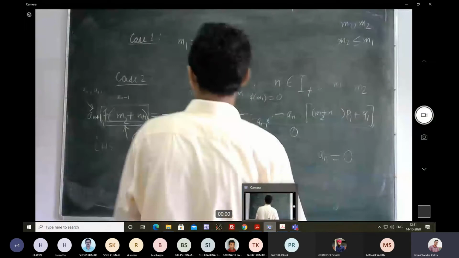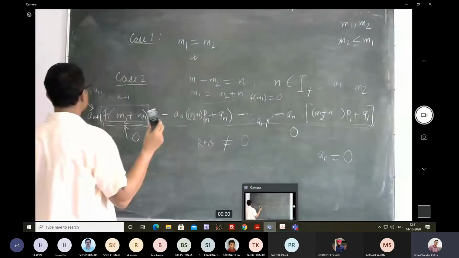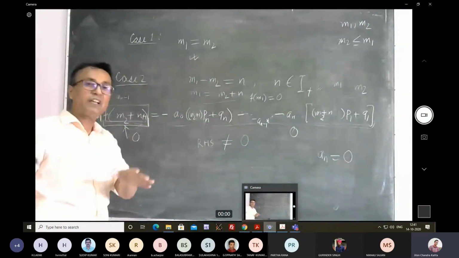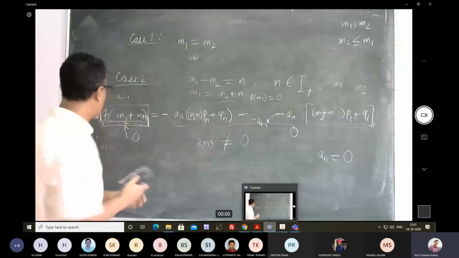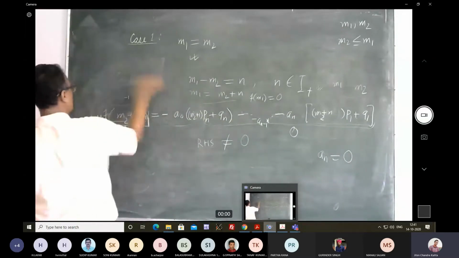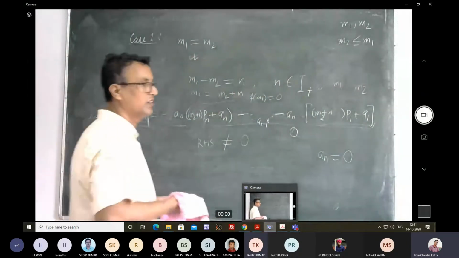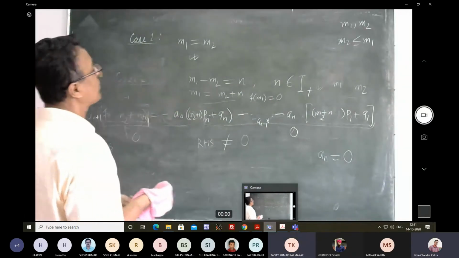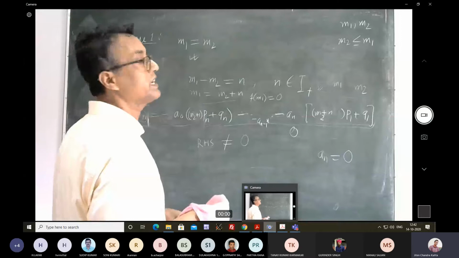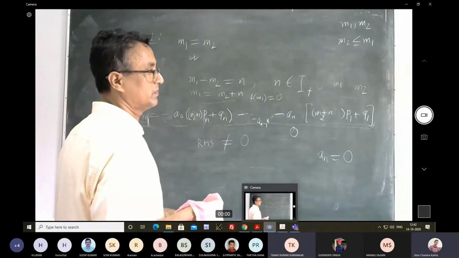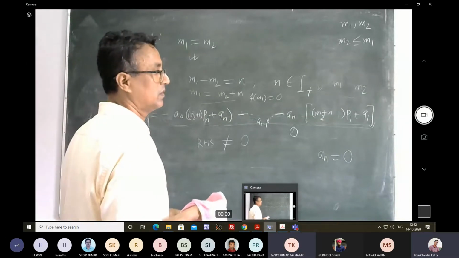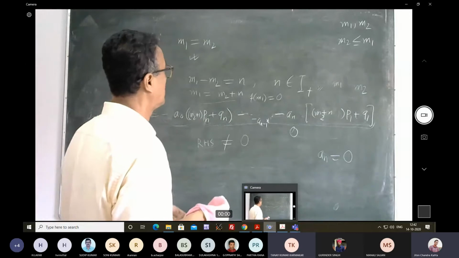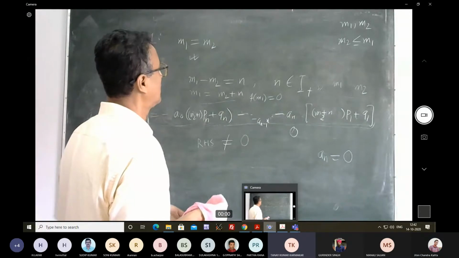So what I'm going to do, again, I'm going to take one example. But this example again, this is a general kind of analysis. I'm not going to take a fixed example. Let me tell you what I'm going to do. Sir, if right hand side be 0, then right hand side function has a root m1. No. We have already assumed that m1 is already a root. No, f of m plus n, that is m2 plus n, equals some function of m.